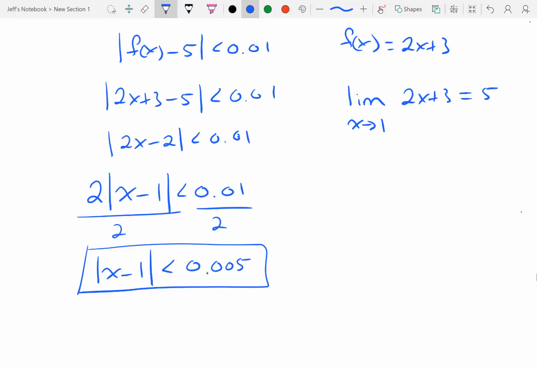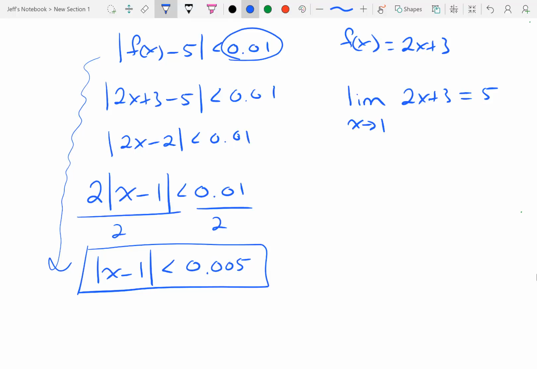So what just happened? You gave me a tolerance that was equal to 0.01, and then I let the absolute value of f of x minus that limit be less than 0.01, and then I did a bunch of math to get all the way down to this point, and I end up with a tolerance on the value of x.